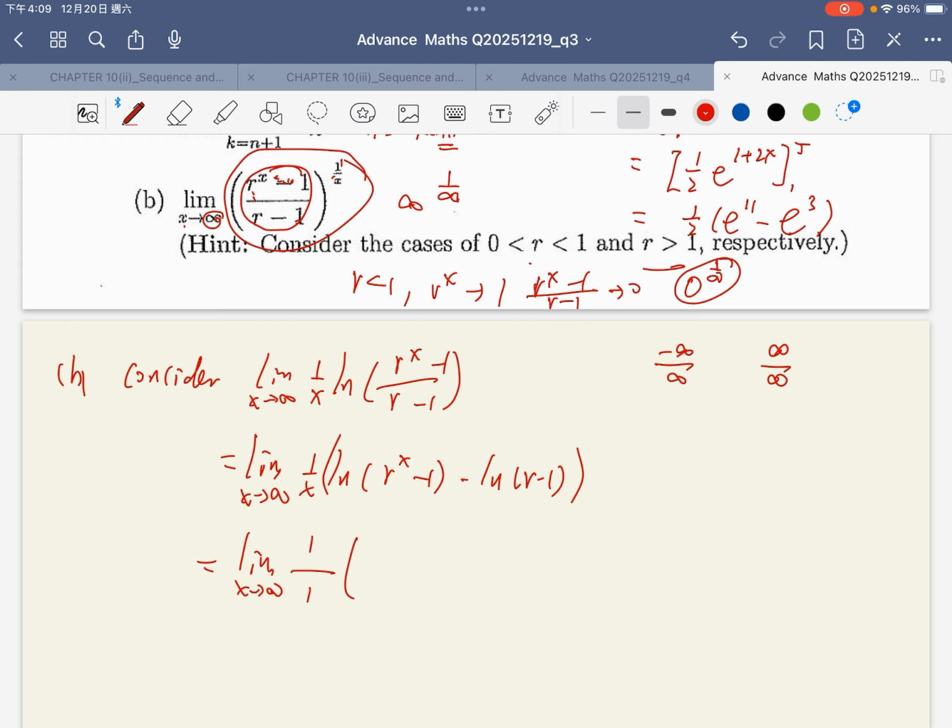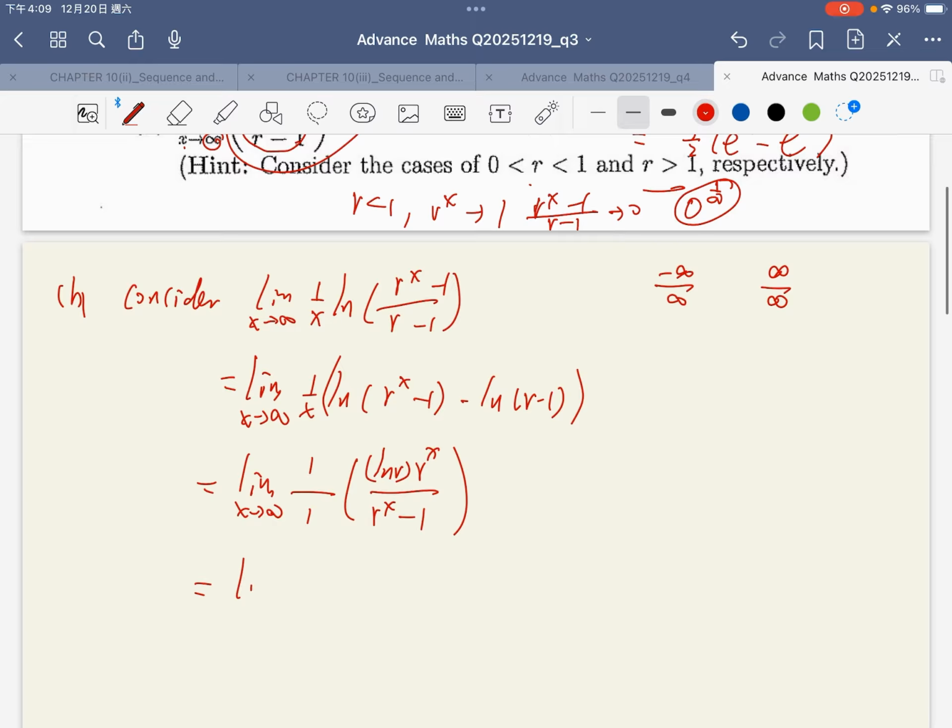The numerator is the derivative: r to the x times natural log r over r to the x minus 1. The derivative of the other term is 0 as it is constant. So we have this format.